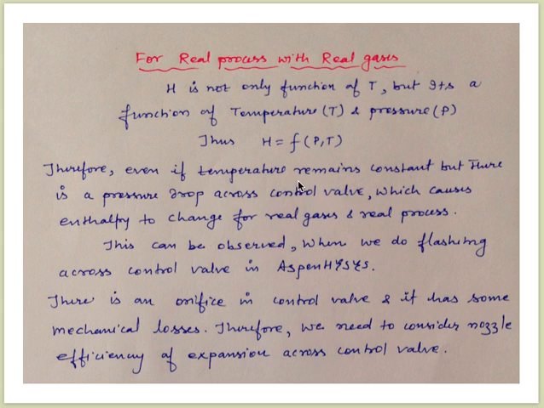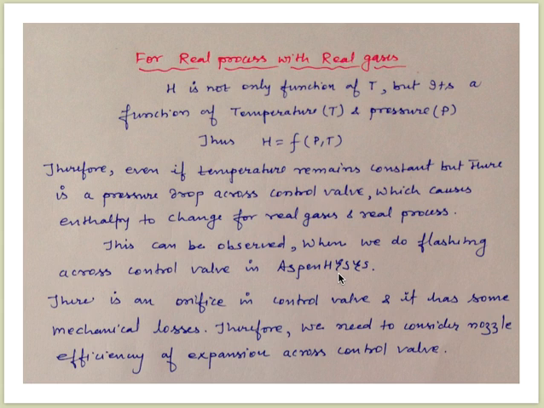So even if temperature remains constant, a pressure drop across a control valve causes the enthalpy to change for real gases and real processes. This can be observed when we do flashing across a control valve in Aspen HYSYS, because there the outlet temperature is not the same as the inlet temperature.